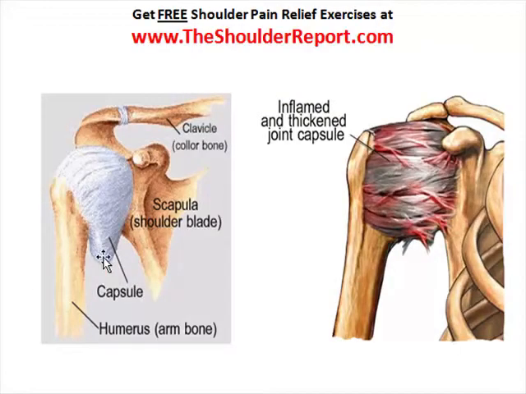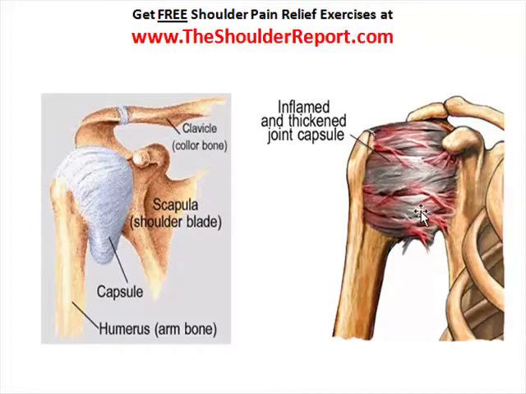So just putting these two pictures side by side, this tissue should be loose and very flexible, so that as you move your arm back and forth over your head, behind your back, rotate it out away from your body, it should not be restrictive at all. Now, when it becomes inflamed, it becomes thick, it becomes scarred up.